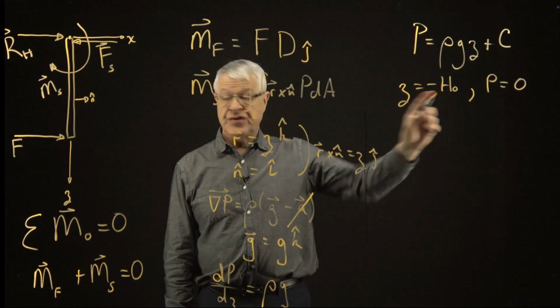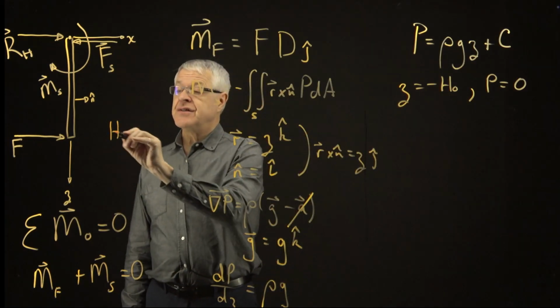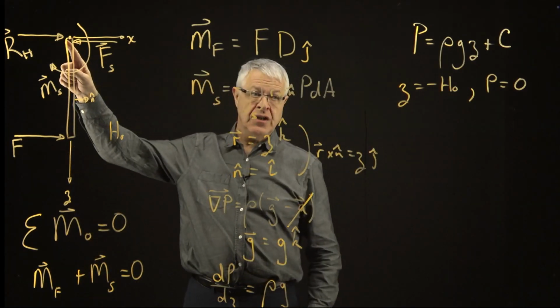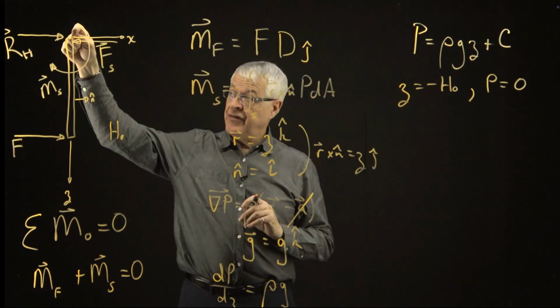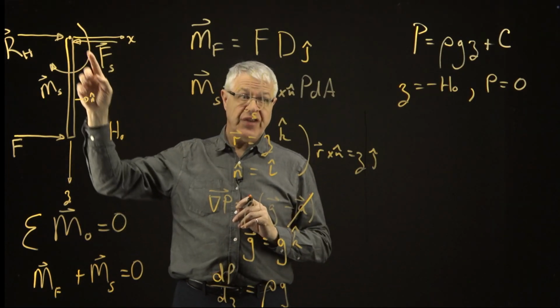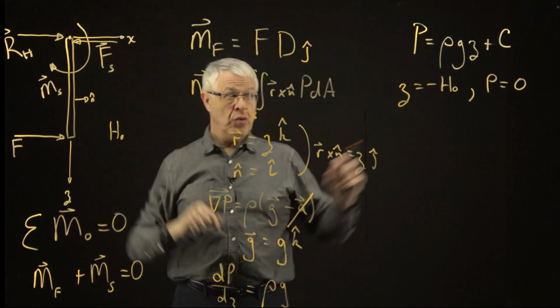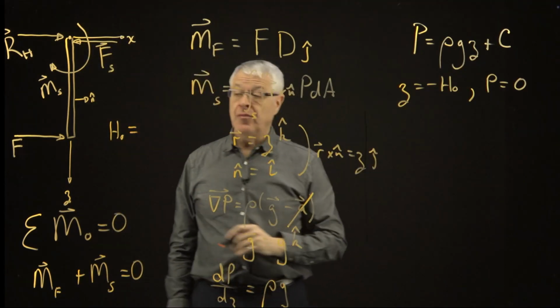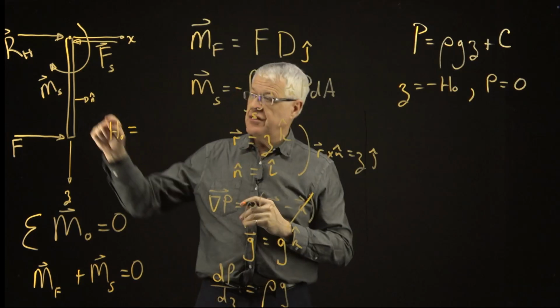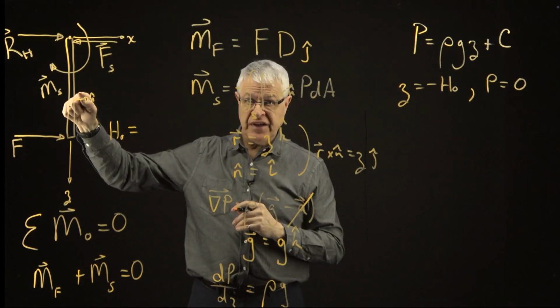So this H0 is the distance from the origin up to the surface of the water. And realize because my z is pointing downwards, the z coordinate of the surface of the water is minus H0.